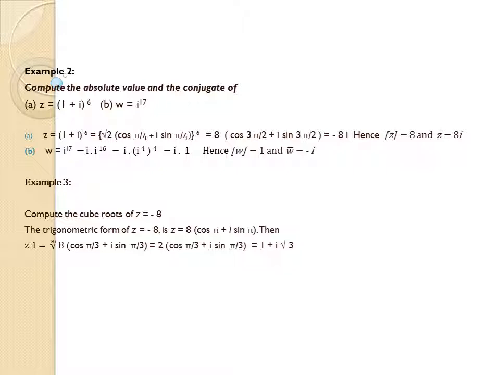So that becomes 1 plus i root 3, because we put the values of cos pi by 3 and sin pi by 3, and it comes as 1 plus i root 3. Another root will be cube root of 8 (cos pi plus i sin pi), which is 2 (cos pi plus i sin pi) equal to minus 2.